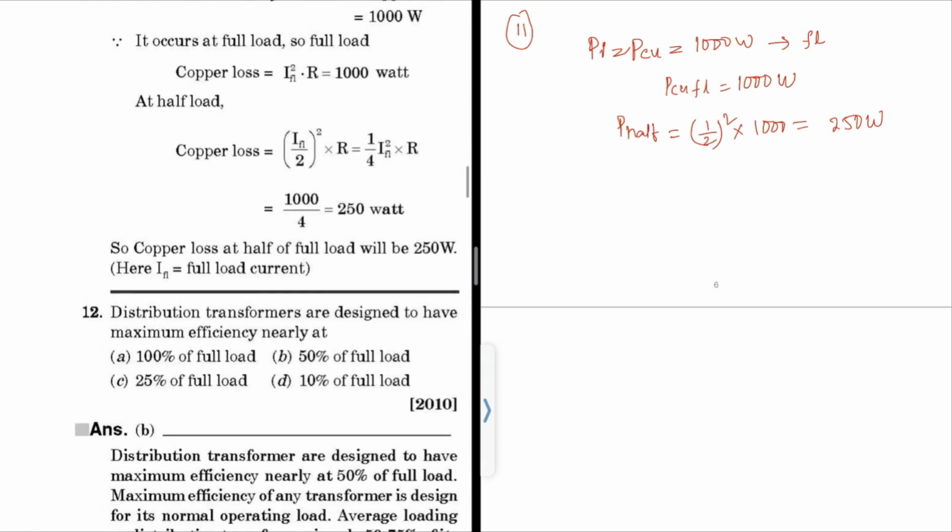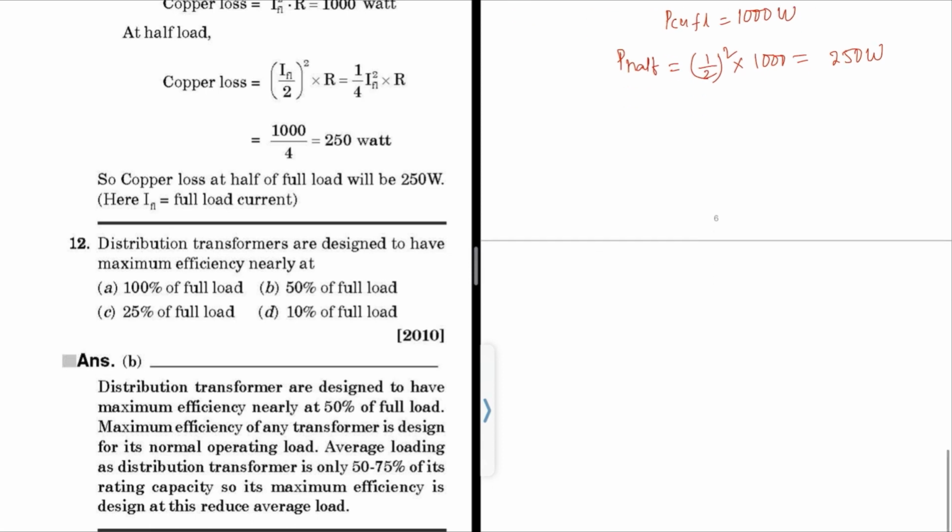Now coming to the 12th question. Distribution transformers have maximum efficiency nearly at what load? If you see, distribution transformers are usually near the location of the consumers, right?